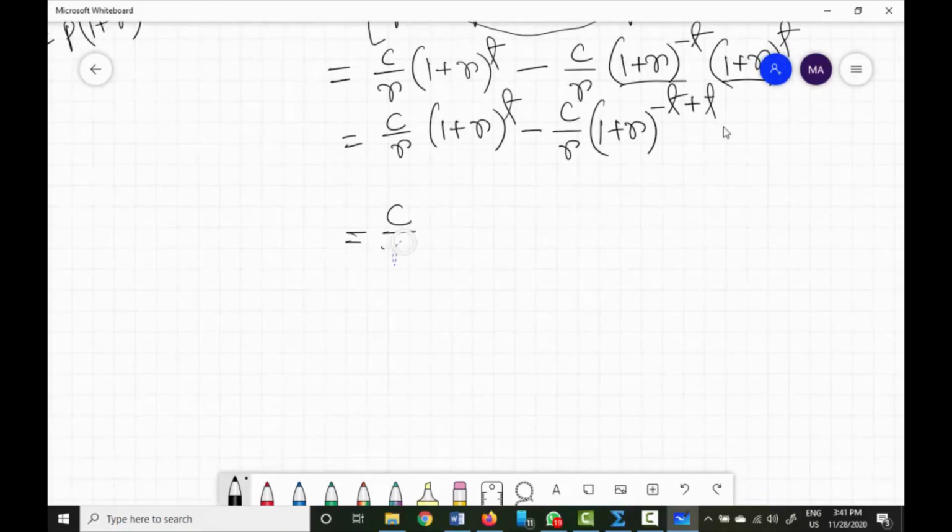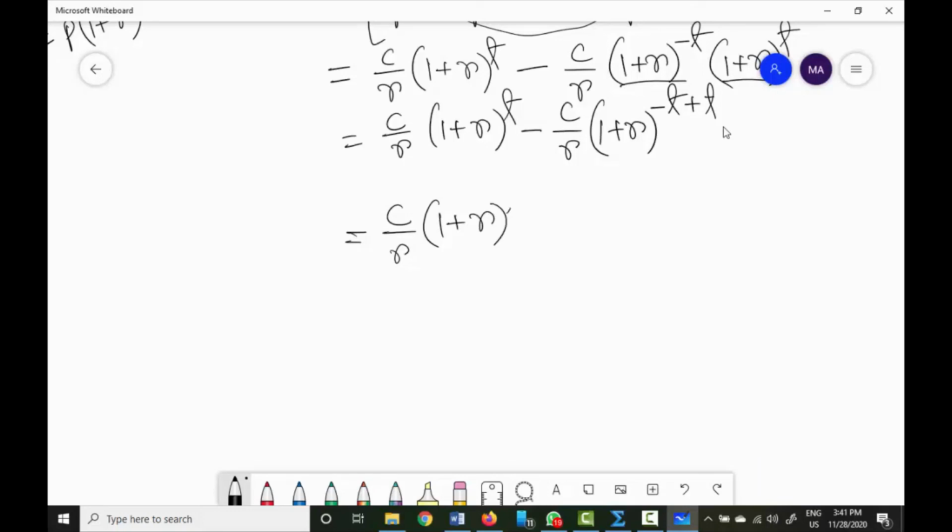So we will be left with C by R into (1 plus R) power T minus C divided by R, right? Now (1 plus R) power 0, since T minus T is equal to 0. If you get a power 0 over any base, you will get 1.